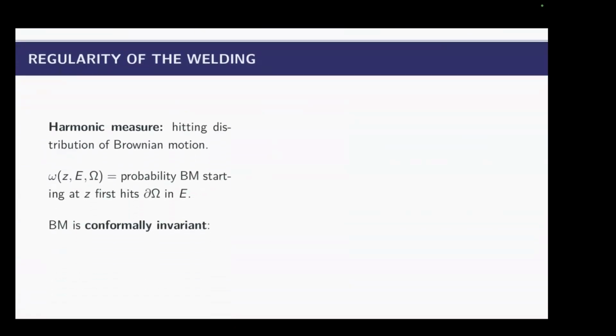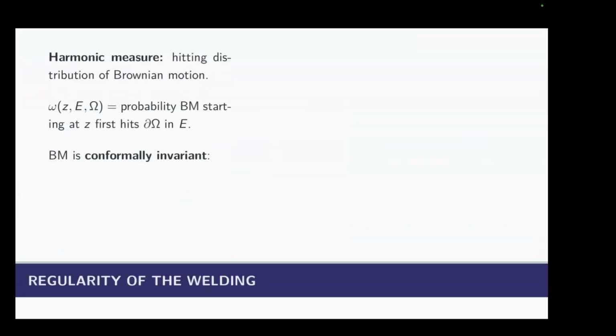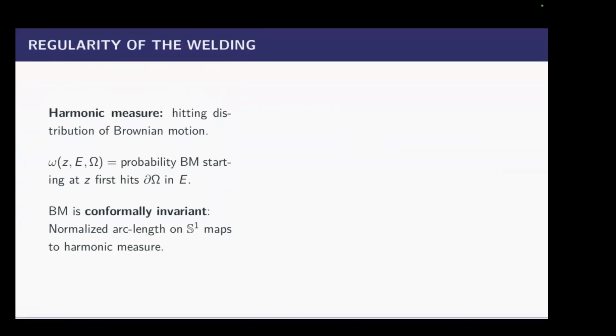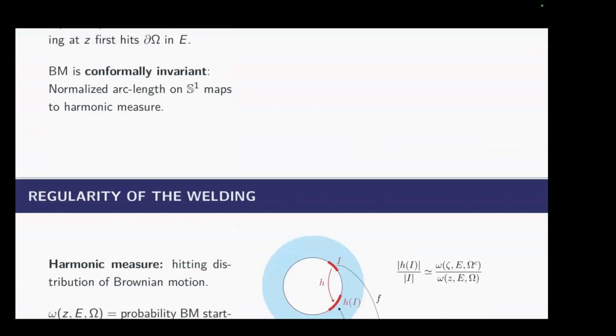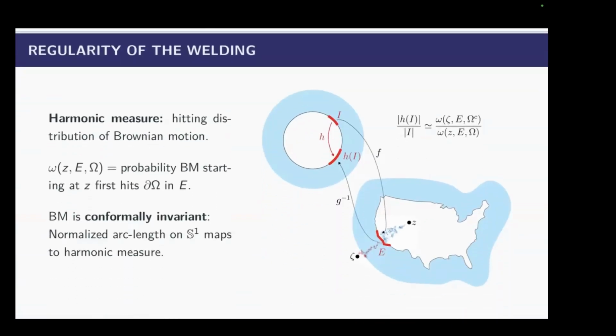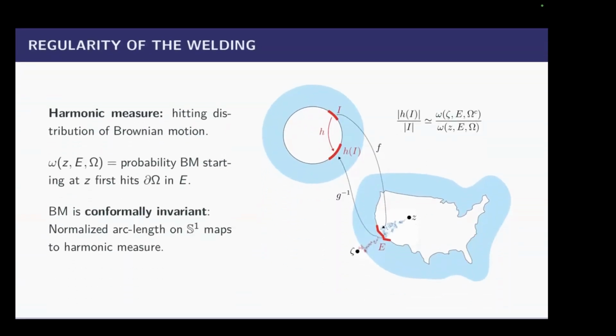And what this means is the following. Since Brownian motion is conformally invariant, normalized arc length on the unit circle maps to harmonic measure on the given domain that you take. So for instance, if we check what this means in terms of a welding map, it's the following.